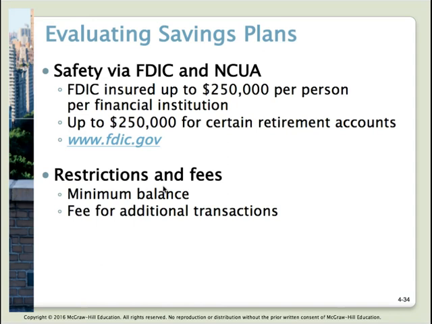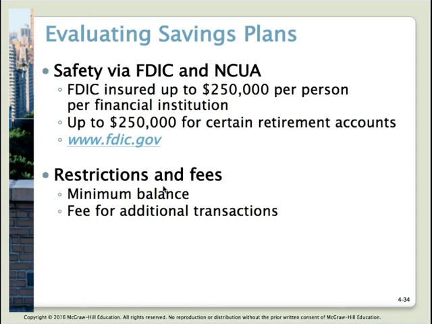There are dollar amount limitations on what is insured. So for FDIC, it's $250,000 per person. Now, I don't know where you are in your life, and that may seem like a lot of money, but at some point as you're moving toward your retirement goals and getting closer to your retirement year, it may be that you have more than that much money tied up in a financial institution where they've invested those dollars for you.